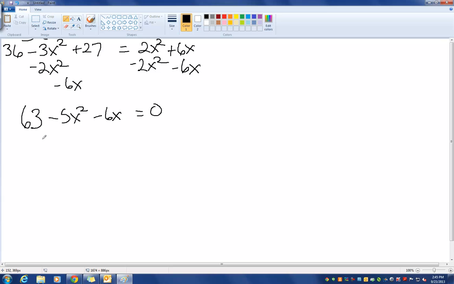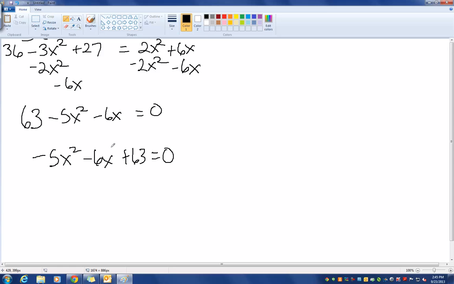Or in other words, negative 6x squared, or rather, x, doggone it. Sorry about this. Placed in order, you've got negative 5x squared minus 6x plus 63 equals 0.